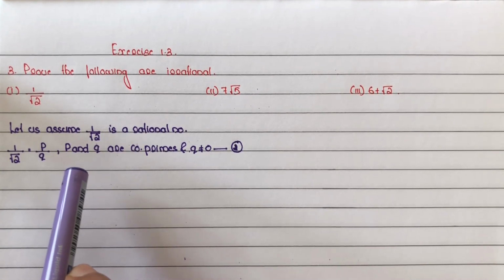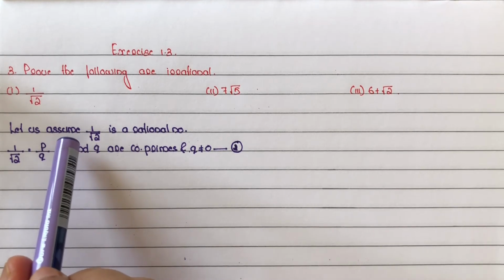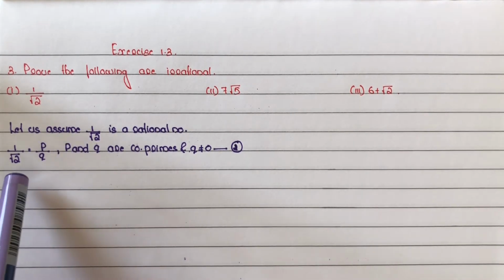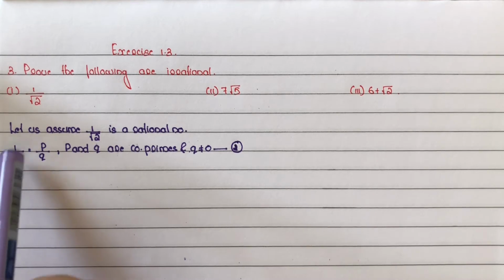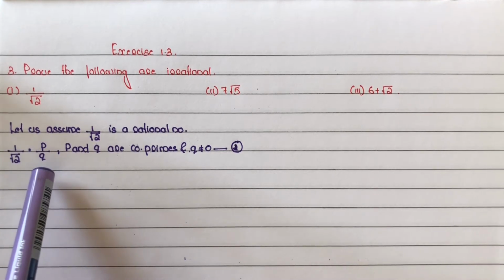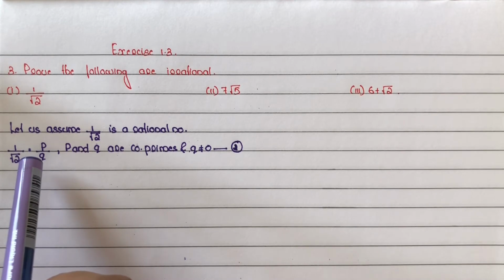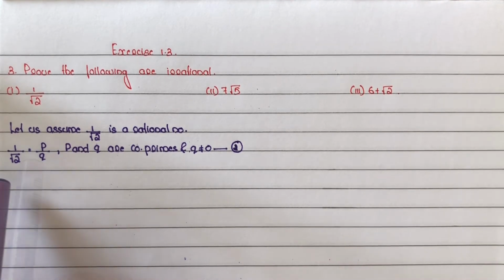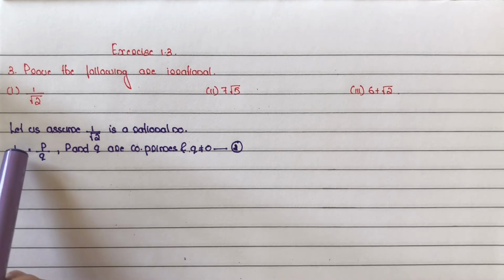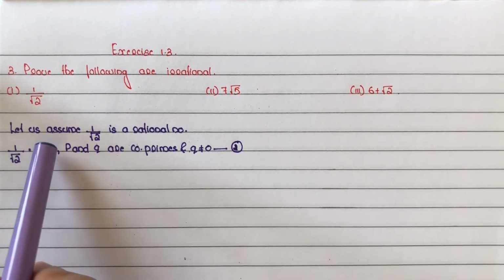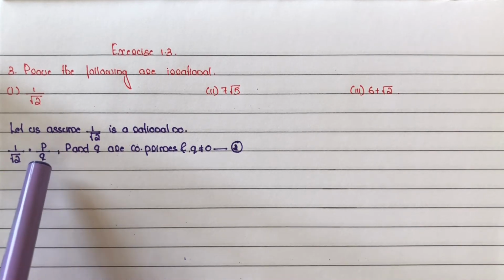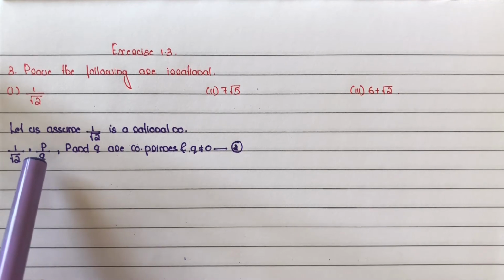In the second step, we prove the assumption wrong. The final equation is 1 by root 2 is equal to p by q. The numbers here are 1, p and q, and these 3 numbers are integers, so the formed number is a rational number.